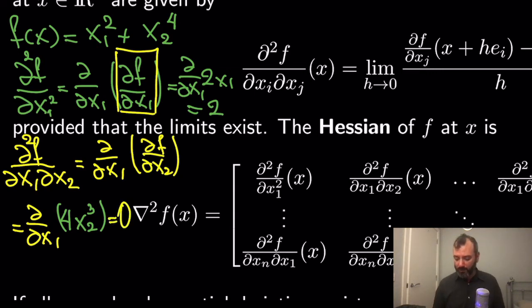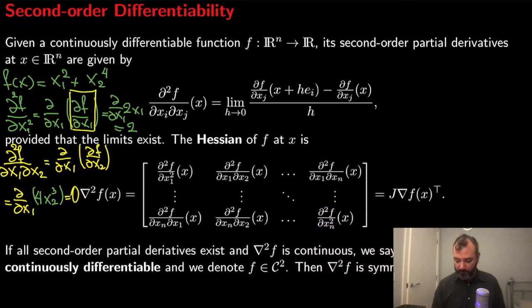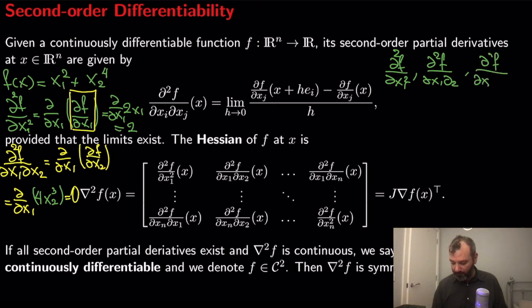Long story short, this function has 4 second order partial derivatives, these ones. Second order derivative with respect to x1 squared, with respect to x2 and then x1, with respect to x1 and then x2, and second order derivative with respect to x2 squared.